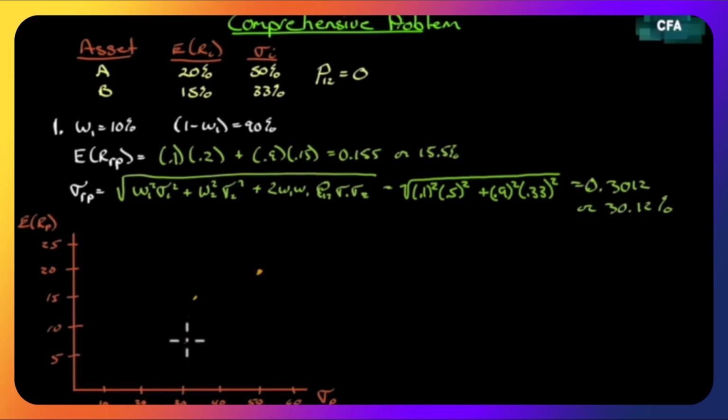So if we look at where 30.12 is and 15.5 is, we can sort of draw our minimum variance frontier. We know that from this point forward is the efficient part of our frontier. So before we go on, let's do one more thing, because we're going to have to combine this with a risk-free asset.